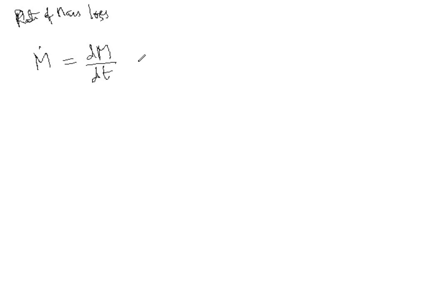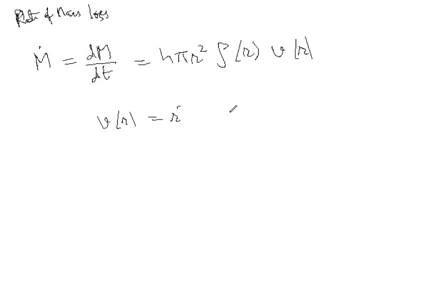So if we use this equation, what we get is just 4 pi r square rho(r) into v(r), where v(r), which is r dot, is just the gas expansion velocity.